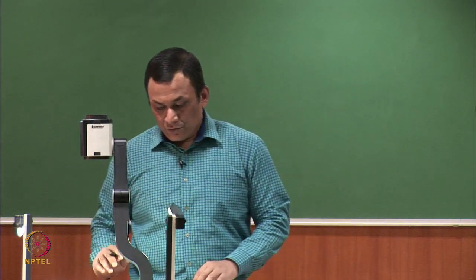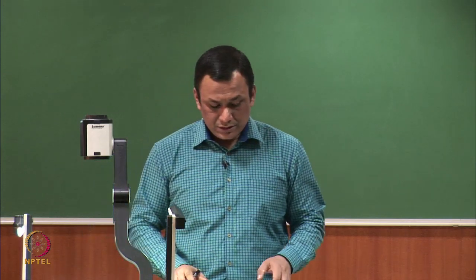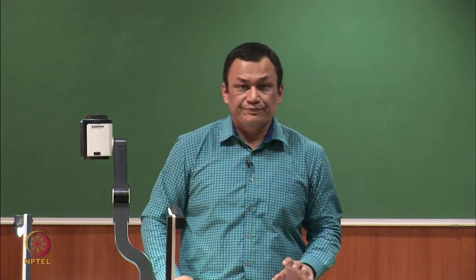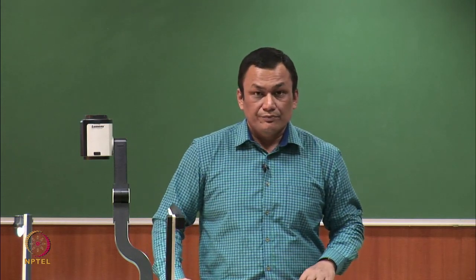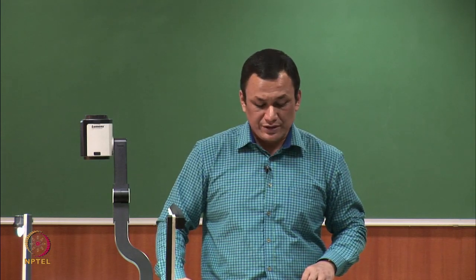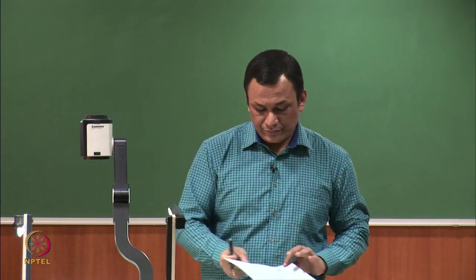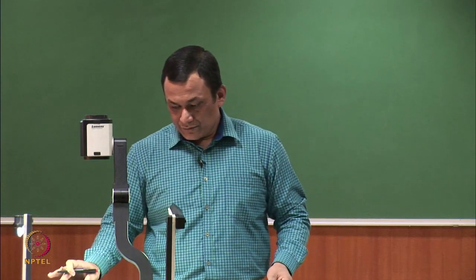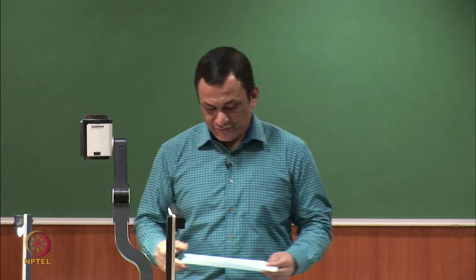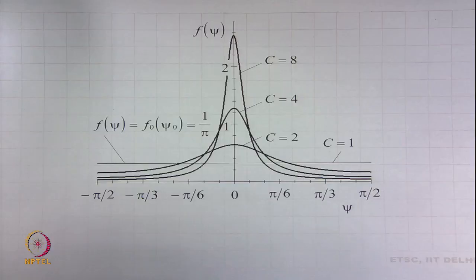So, that is the numerical character of C. Now, we would like to learn the behavior of PDF of anisotropic orientation. So, this is the behavior of PDF f psi.